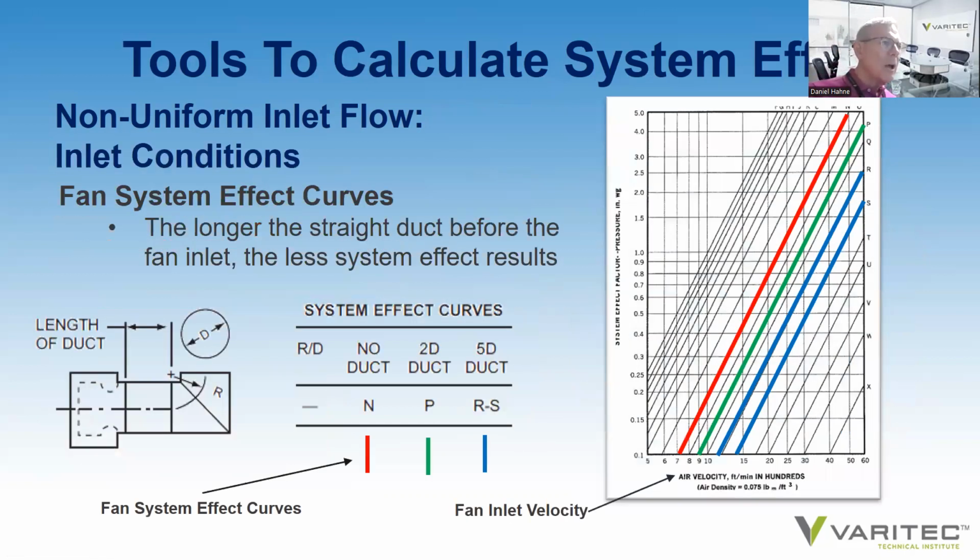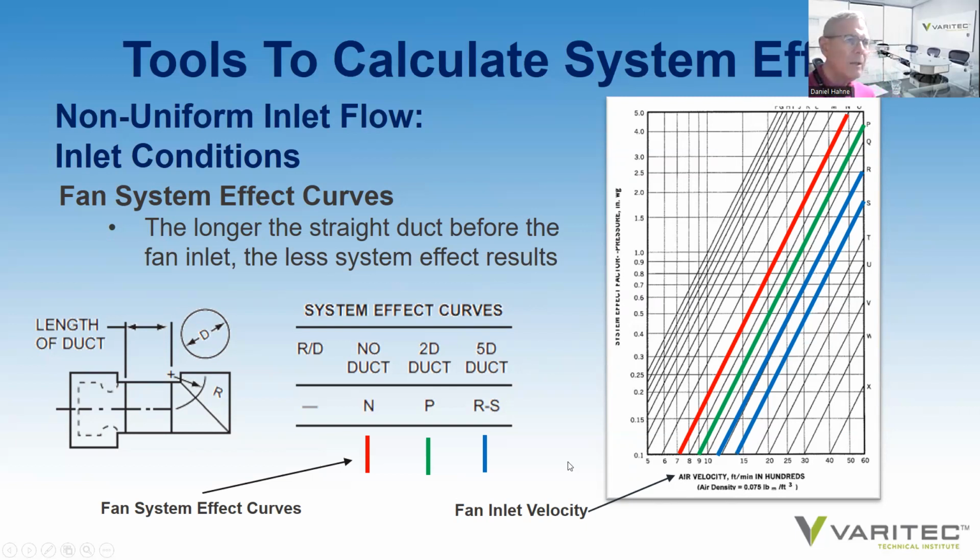So if you look at system effect fan curves and what they mean with regard to a lack of straight duct on the outlets of round fans, we can see here that having no duct before the transition results in a system effect fan curve that has a higher pressure drop assigned to it than increasing the amount of straight duct at the discharge.